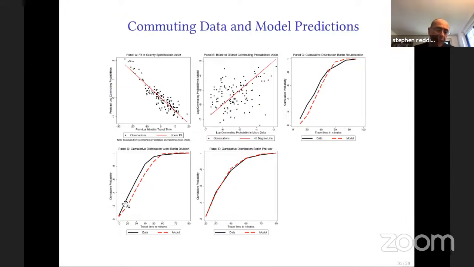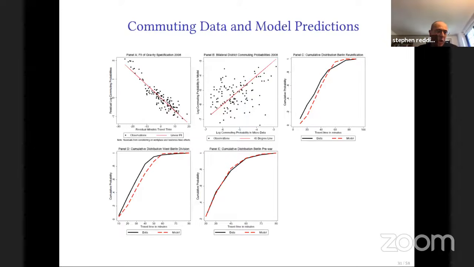And so we've just plotted the data cumulative distribution against the model cumulative distribution. Again, every model is an abstraction, but it looks like we're doing a reasonable job at capturing commuting behavior. And we do the same thing for the pre-war period. Again, it looks like the model is not doing too much violence to the data. And so these are in the spirit of over-identification checks that our gravity assumptions don't seem to be doing too much violence to patterns of commuting flows in the data.